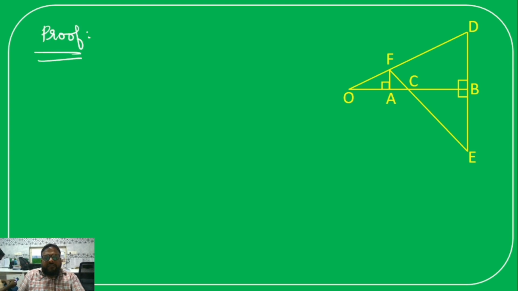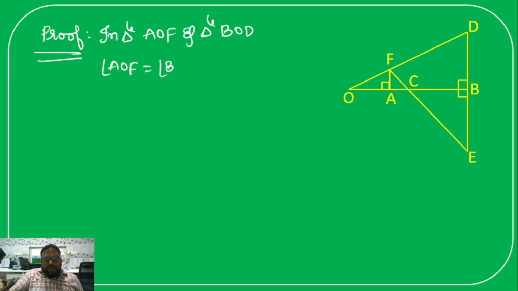Now I will consider the first set of triangles, which are open on the left side, in the direction of the left. I'll take triangle AOF and triangle BOD. In these two triangles, clearly angle AOF is equal to angle BOD.